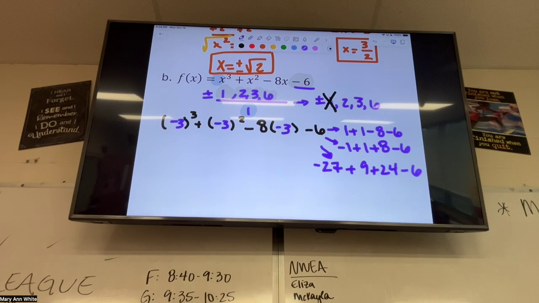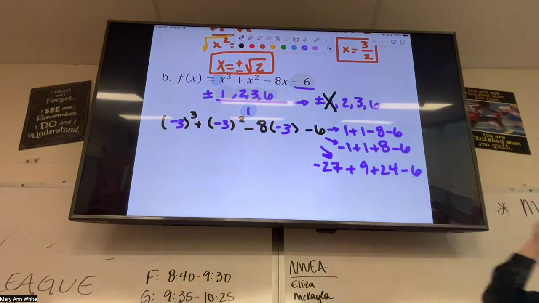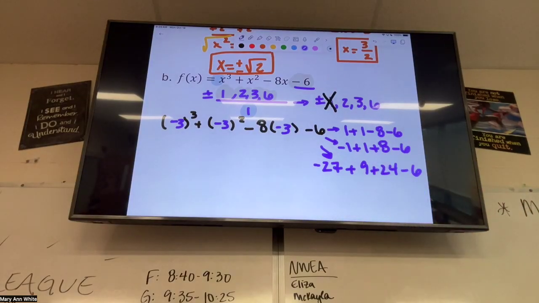Nice. Now, on a quiz or test, we don't have time. That would be like if we plugged everything in order, +1, -1, +2, -2, +3, -3. I like to get it in with the first 3 or 4 tries. So if you get to a test and you don't find it in the first couple, I would maybe retry your work. I will not have you guess like 9 of them in order to get to where we need to be. But -3 does work.